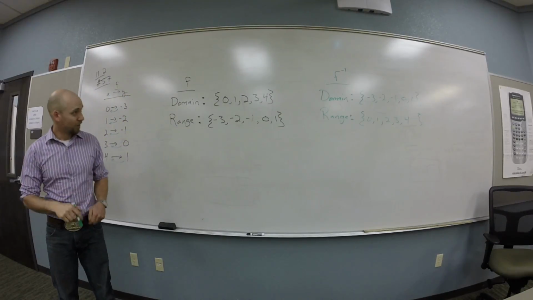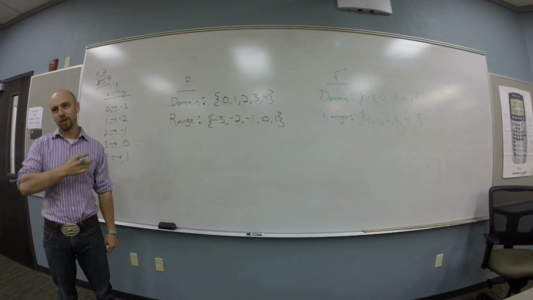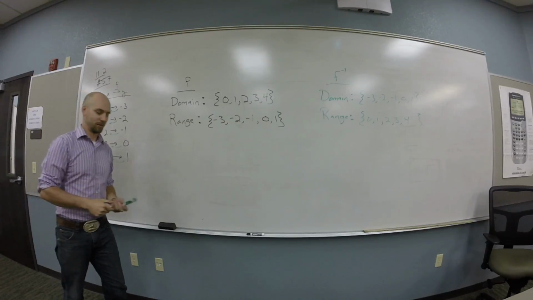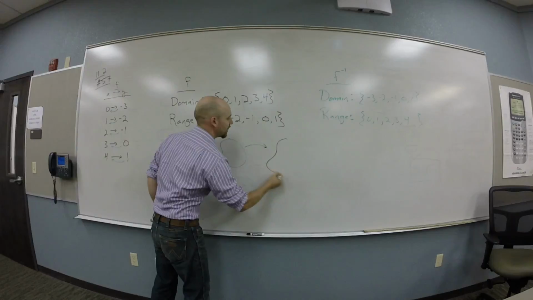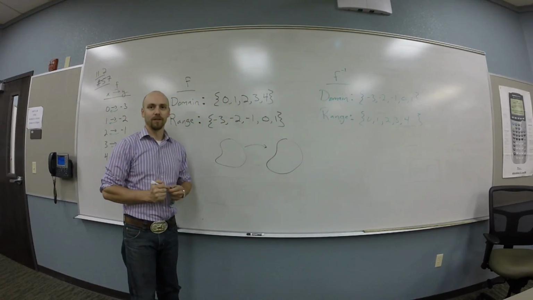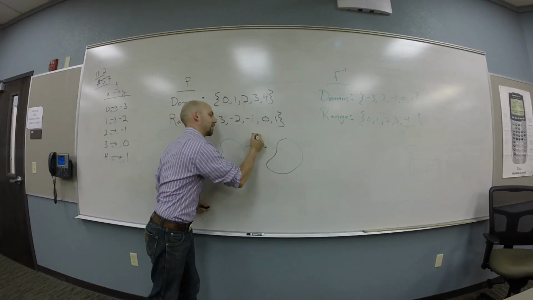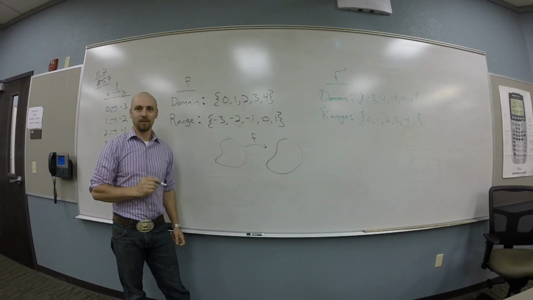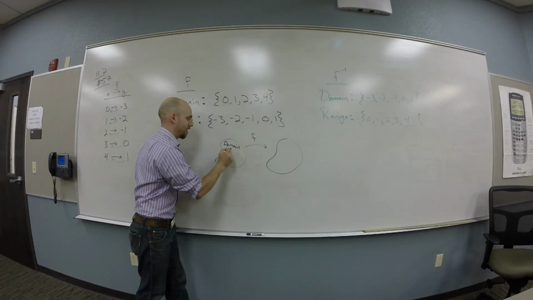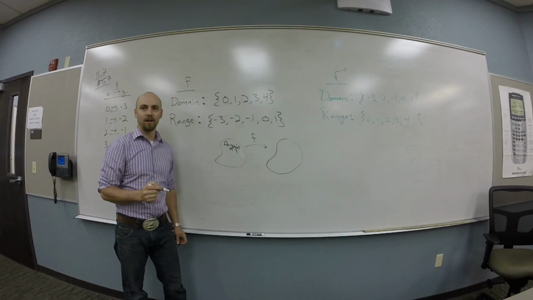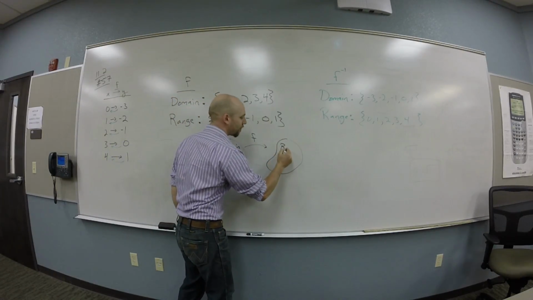So in general, the relationship between f and f inverse is this kind of picture. There's some stuff, and f goes this way to some other stuff. This is the domain of f over here. This is the range of f, right?